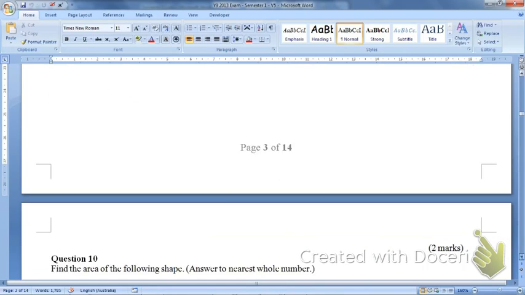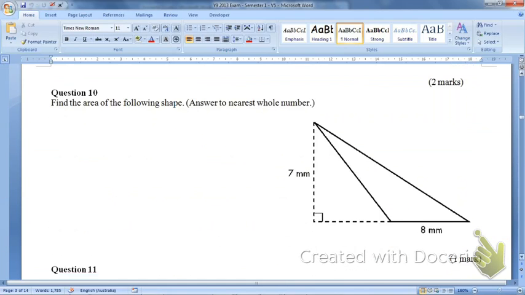Question 10. Find the area of the following shape. It's a triangle. Area of a triangle is a half the base times the height. The base is 8.